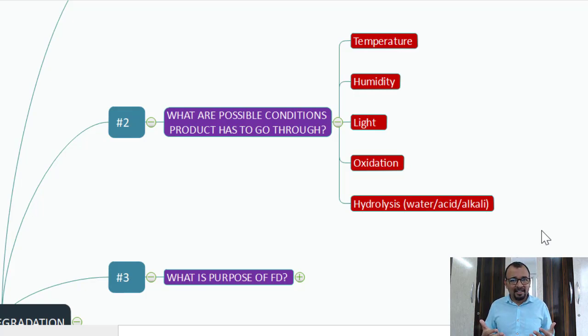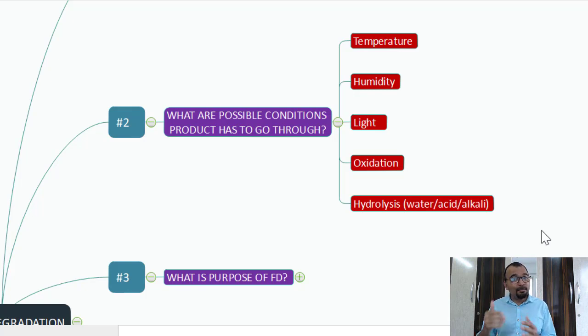Oxidation, right, if the product is susceptible to oxidation and the surrounding consists of oxygen, or even a smaller amount of ozone can also propagate the oxidation reaction. And hydrolysis, water hydrolysis or acid hydrolysis and alkali hydrolysis can even be a possibility.